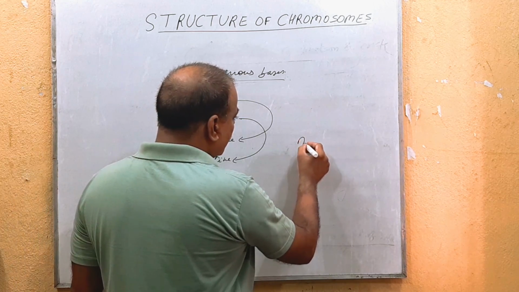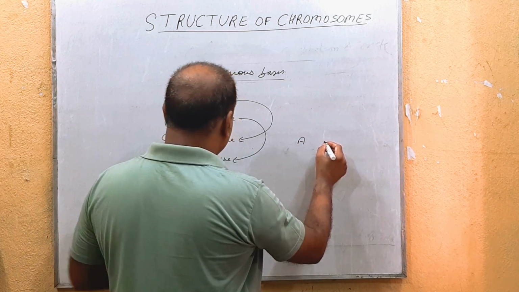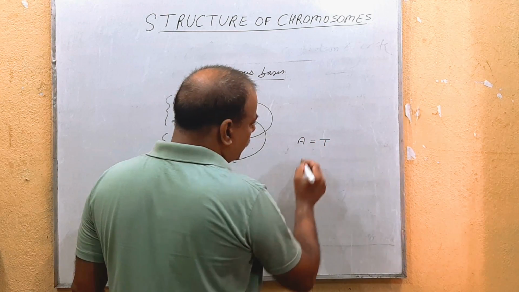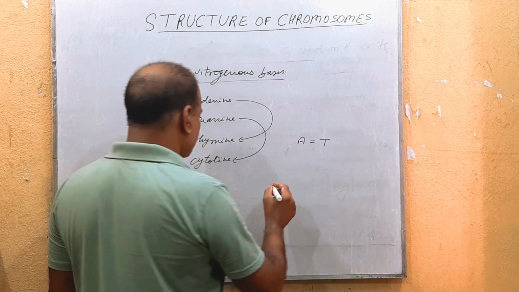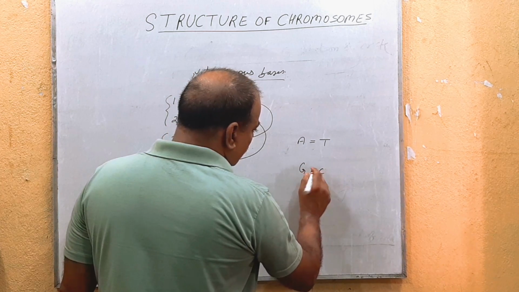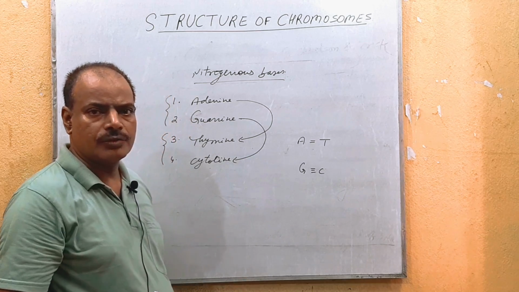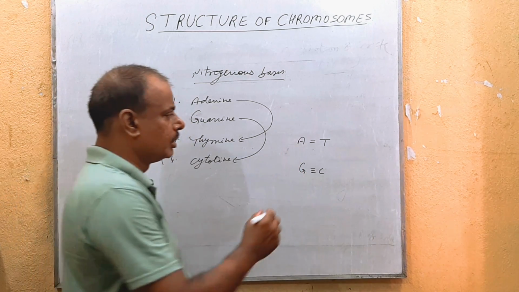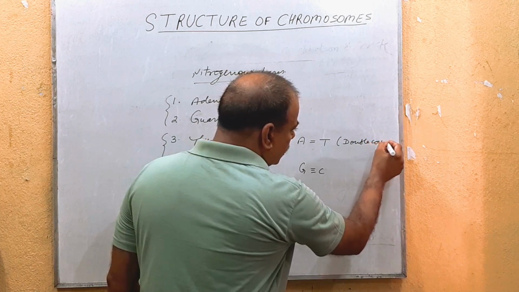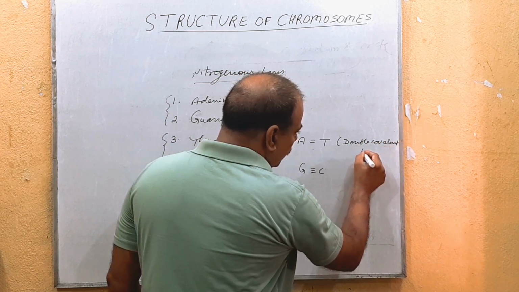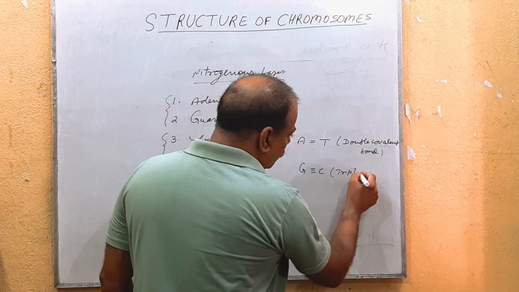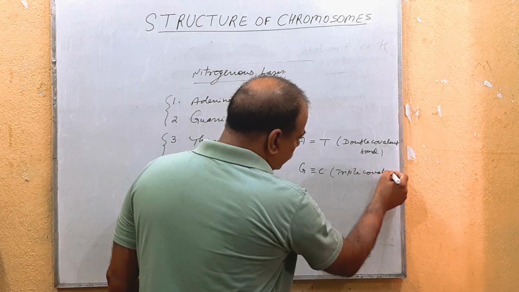Adenine and thymine are connected with a double covalent bond, whereas guanine and cytosine are connected with each other with a triple covalent bond.